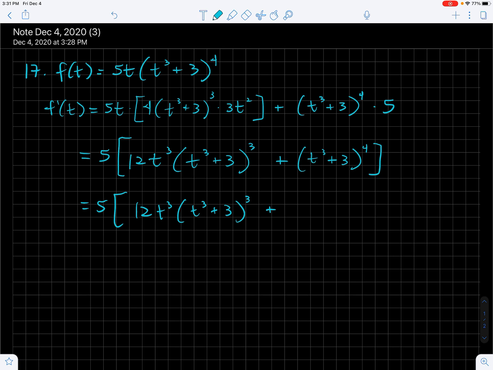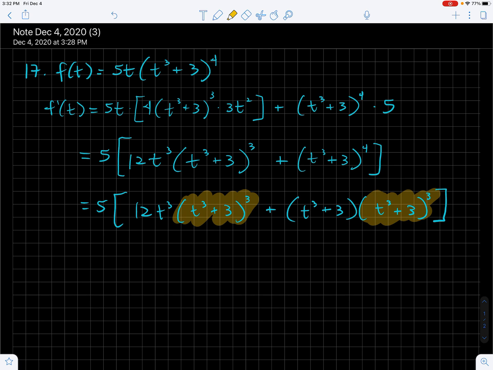You could always think of (t cubed plus 3) to the 4th power as (t cubed plus 3) times (t cubed plus 3) to the 3rd power. I'm not expecting you to write out this step, but I'm just showing you that (t cubed plus 3) cubed is a common factor that can be factored out.